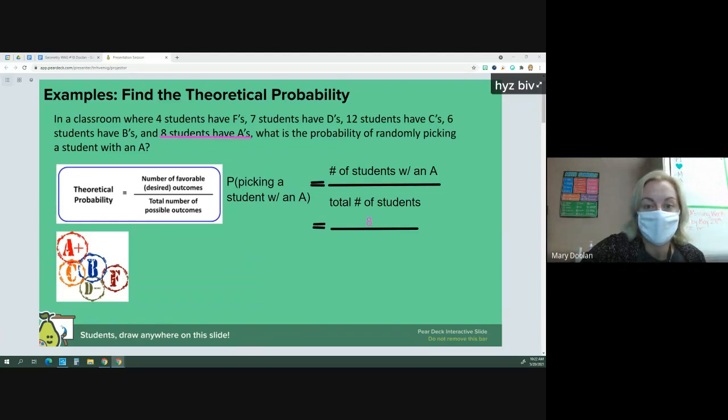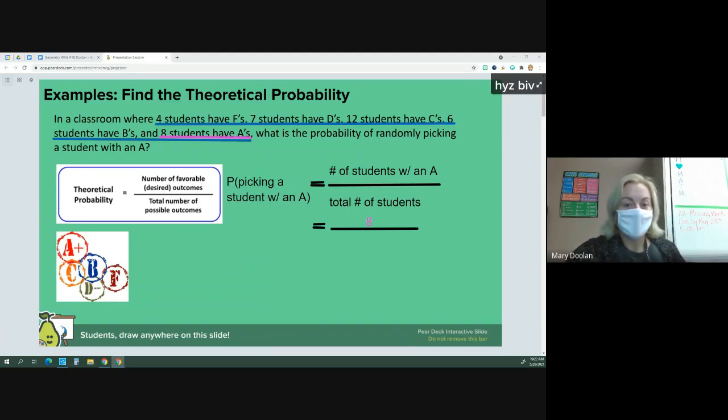Well, let's see, 4 of them have F's, 7 have D's, 12 have C's, 6 have B's, and 8 have A's. So I'm going to have to actually add up all these values.